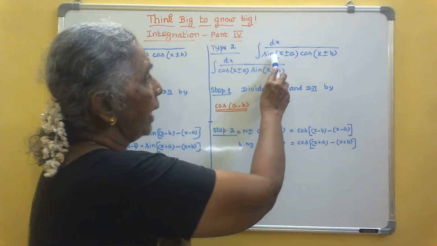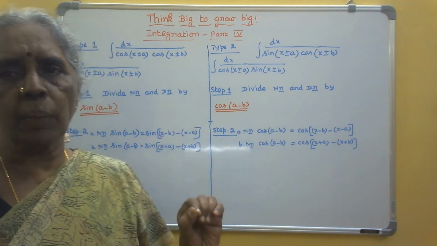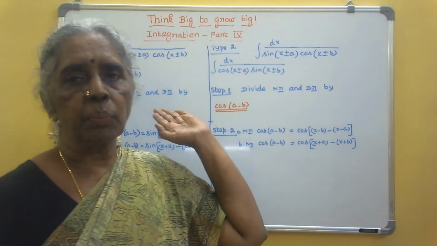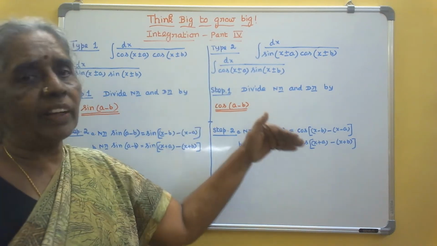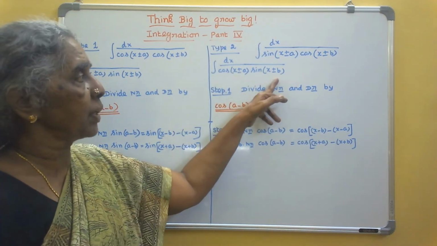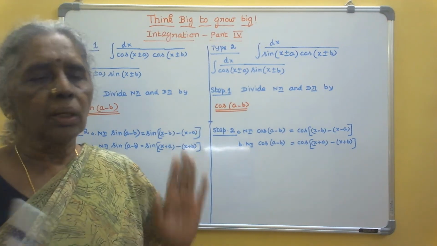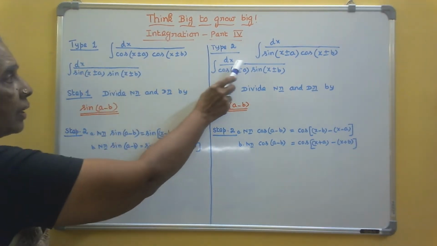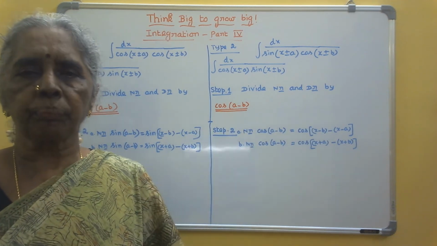That is, sin x plus a, cos x plus b, or sin x minus a, cos x minus b. In the other one, cos is first, that is cos of x plus a, sin of x plus b, or cos of x minus a into sin of x minus b. So here 4 sums, here 4 sums. We are clubbing together as type 1, type 2.